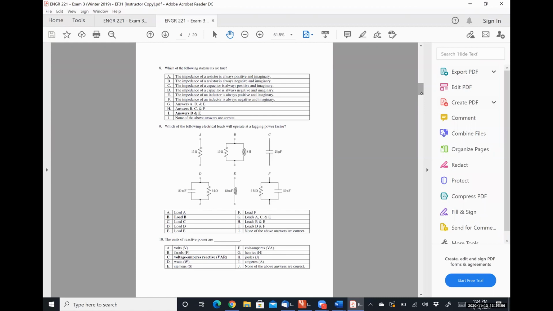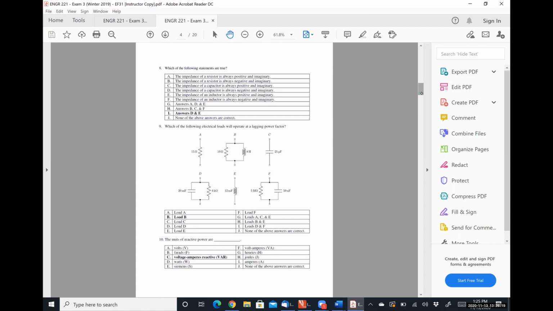D and F would operate at a leading power factor because they have a resistance and capacitance. E operates at a power factor of 0, A operates at a power factor of 1, and C operates at a power factor of 0 as well, all neither leading nor lagging.